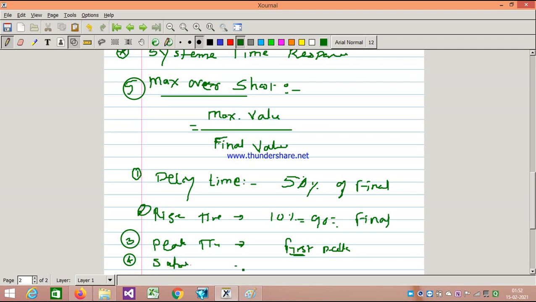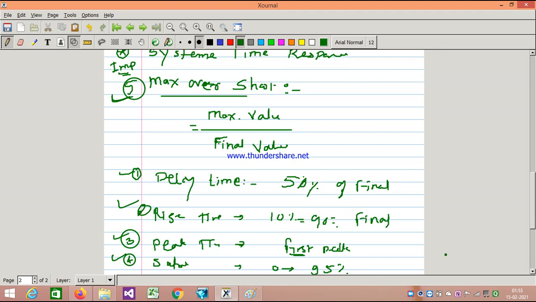Settling time means 0 to 95%. And maximum overshoot, it is in front of you. So these are the 5 parameters, and this question is again an important one. Just try to remember everything: delay time, rise time, peak time, settling time, and maximum overshoot. These 5 parameters are very much important.